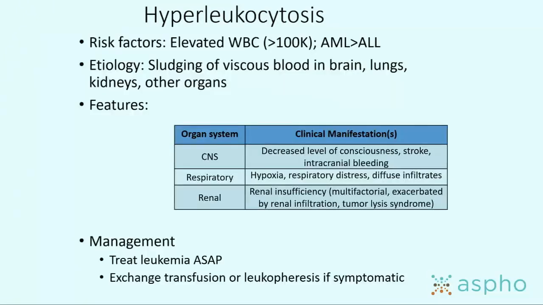So the risk factors for hyperleukocytosis are, not surprisingly, a high white count, and this is especially true in AML. We've had cases of AML with white counts as low as 50 or 60,000 that have had significant clinical symptoms of hyperleukocytosis. So the white count threshold for getting into trouble with leukocytosis is much, much lower in myeloid leukemias.